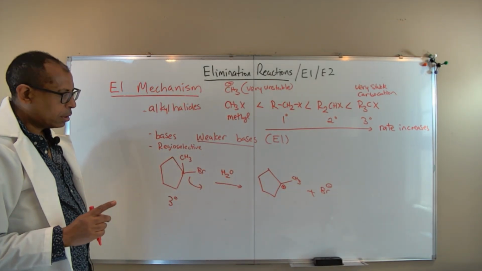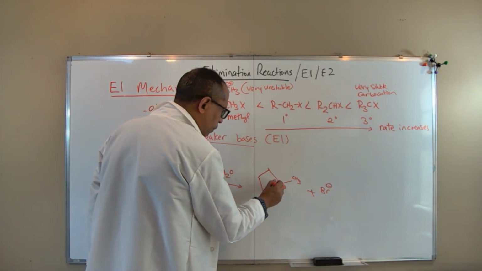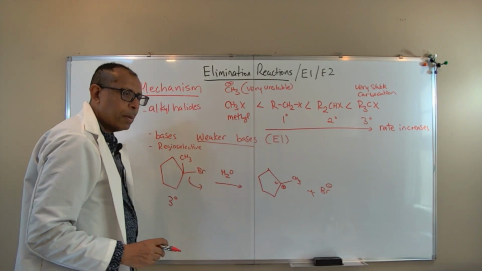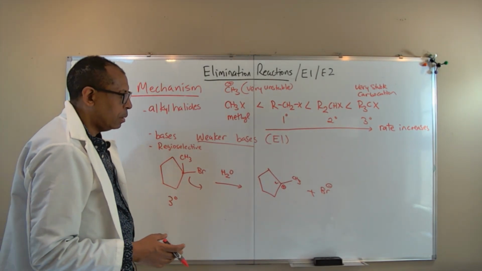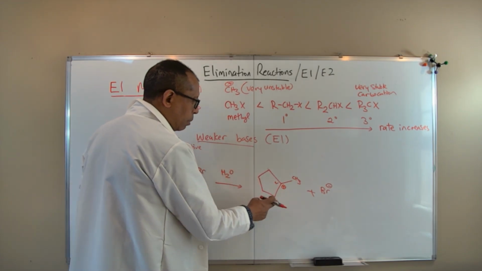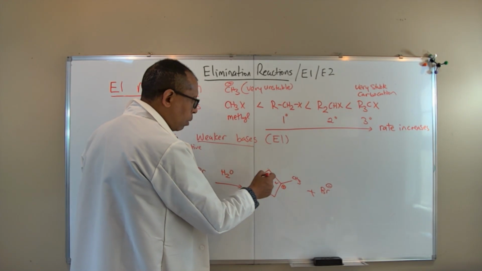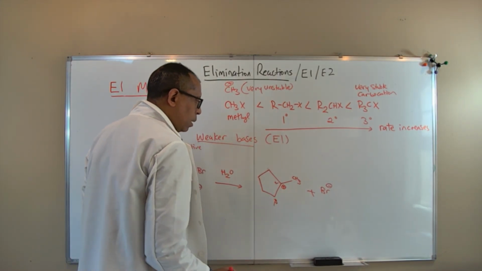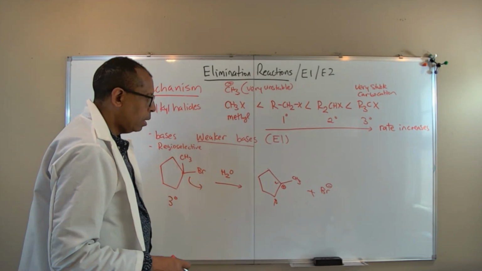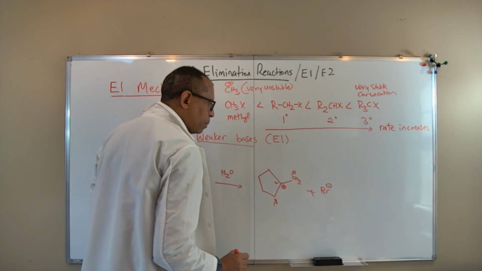So in this carbocation, this is the alpha carbon, obviously. And how many beta carbons do you see? This beta carbon and this beta carbon are the same. They are equivalent. So this is one beta carbon, with two hydrogens there. But remember this one, this is also a beta carbon.